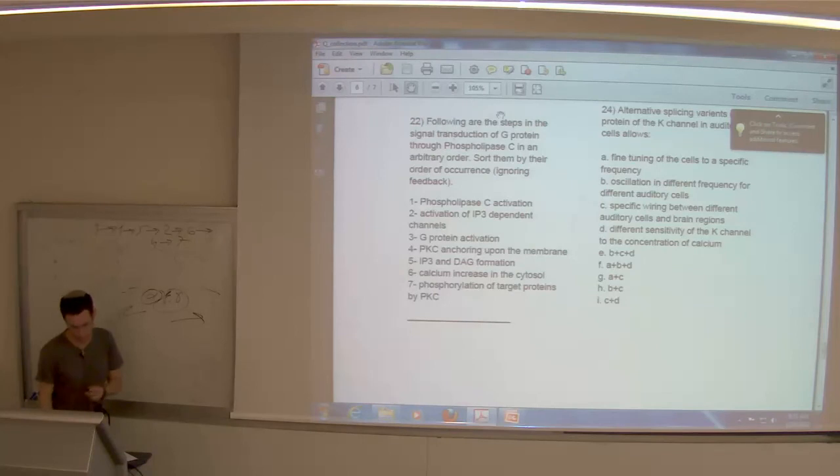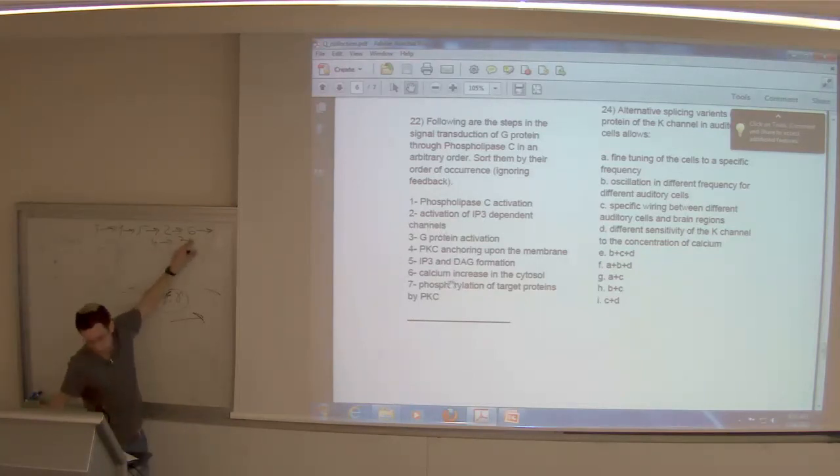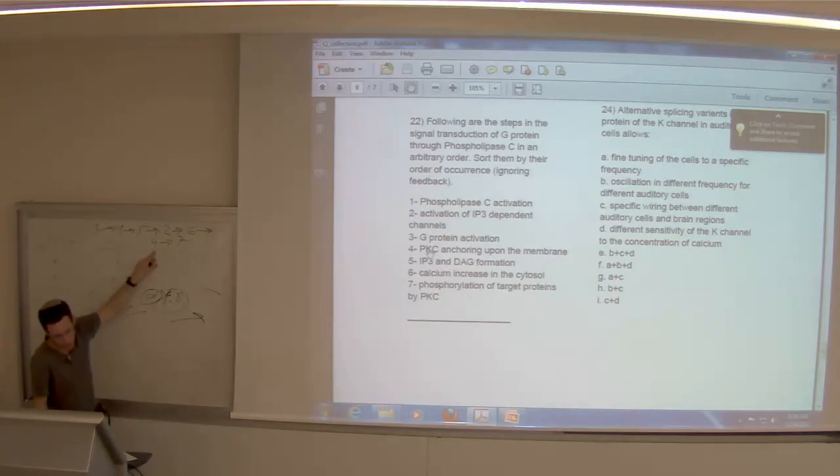Okay, so then phospholipase C activation, which then cleaves, right? It cleaves and gives the products IP3 and DAG. The IP3 activates IP3-dependent channels down there in the ER, followed by a calcium increase in the cytosol because of the calcium that was stored in the ER, which activates PKC.